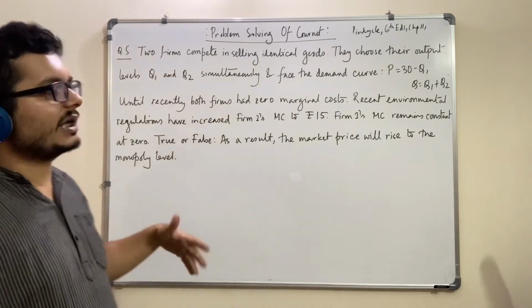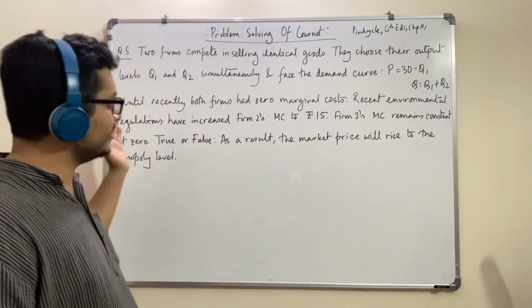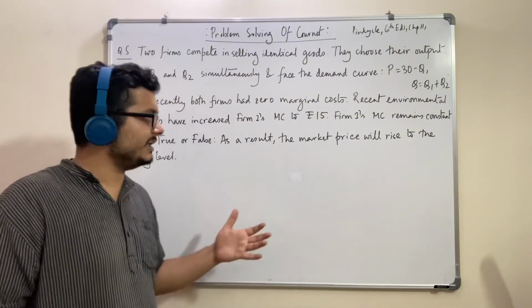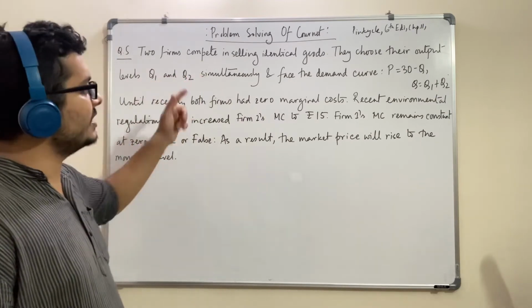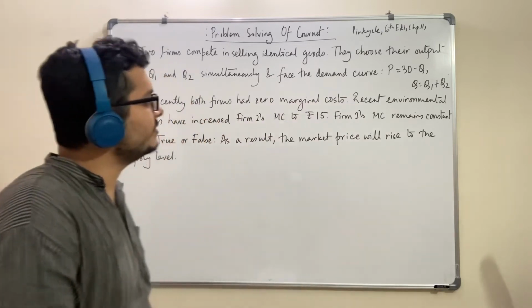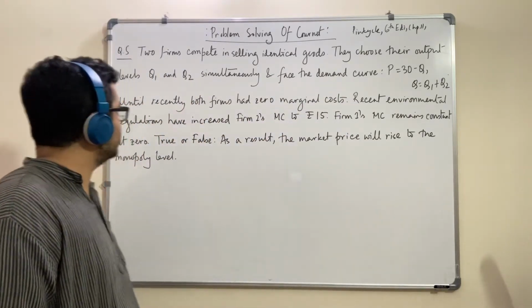Because in your exam they will not obviously directly write that apply Cournot model or something. You have to identify the problem, right? So simultaneously and quantity, that identifies, okay, this is a Cournot model. And they face the demand curve P equal to 30 minus Q, where Q is equal to Q1 plus Q2.